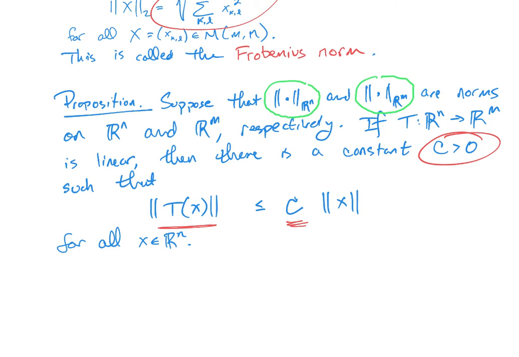And I haven't specified which norm we have here. Okay, that's a good exercise to think about. The norm on x is the norm in Rn. That's the norm in our domain. And then once we've applied T to it, we're in Rm. So we need to apply that norm there. And remember, those are standing in for any two norms you might want on those two spaces.